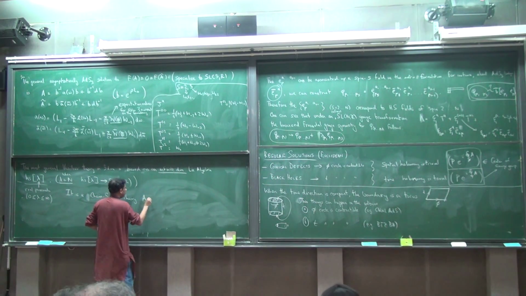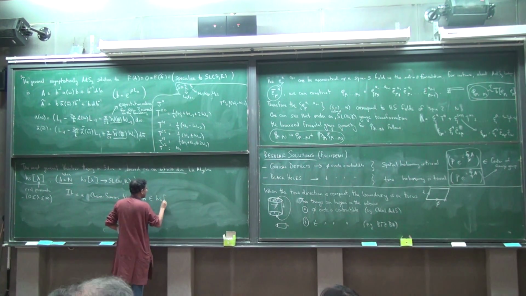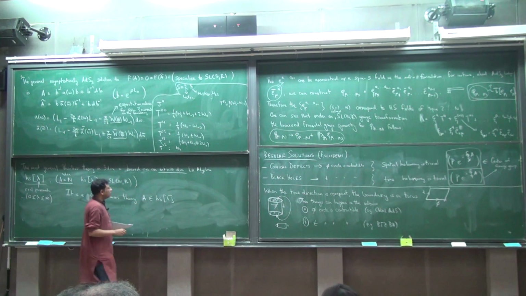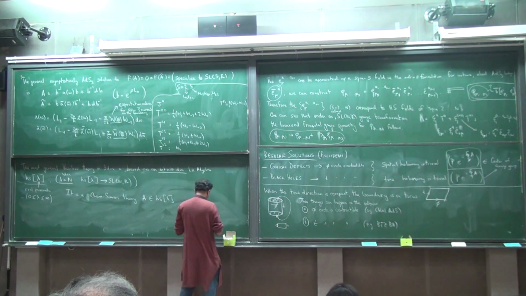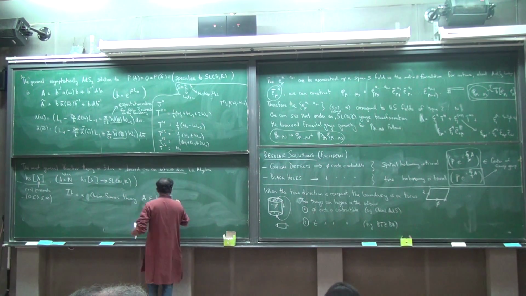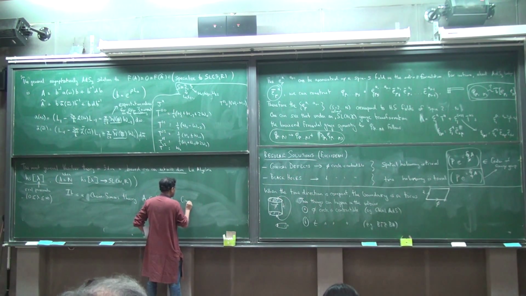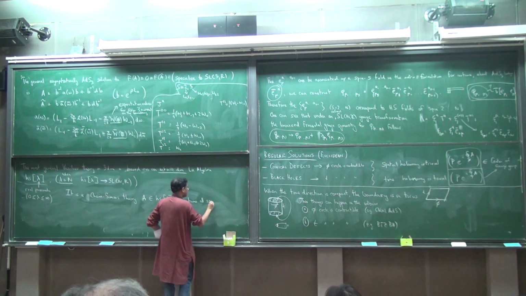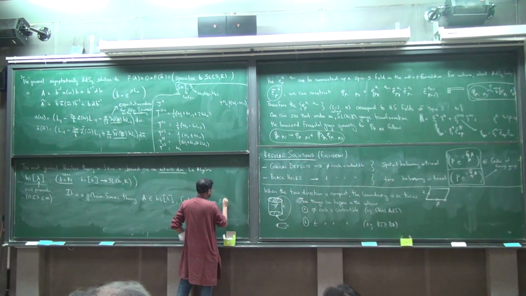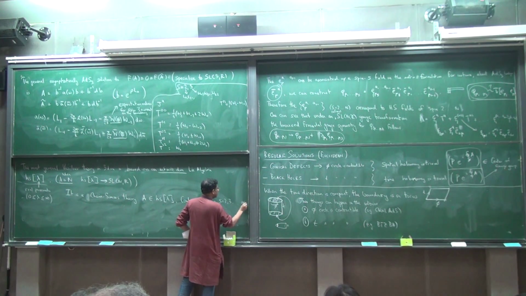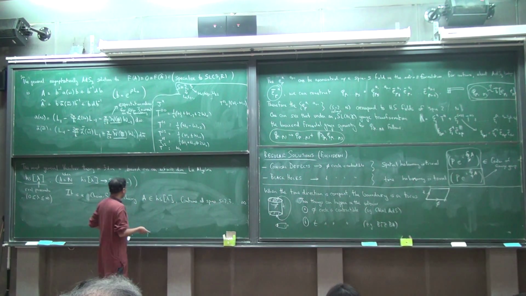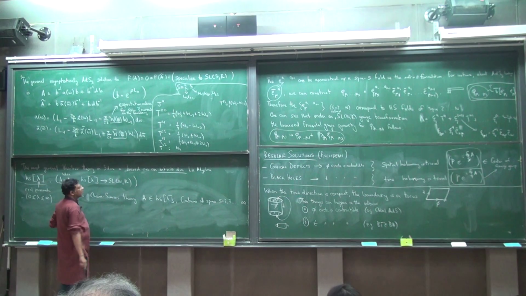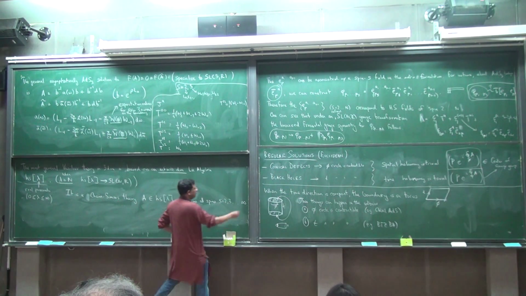That means A, the gauge field, belongs now to this Lie algebra, HS lambda, and this contains all spins, at least all the bosonic spins, s equal to 2, 3 to infinity, except when lambda is an integer where it truncates.